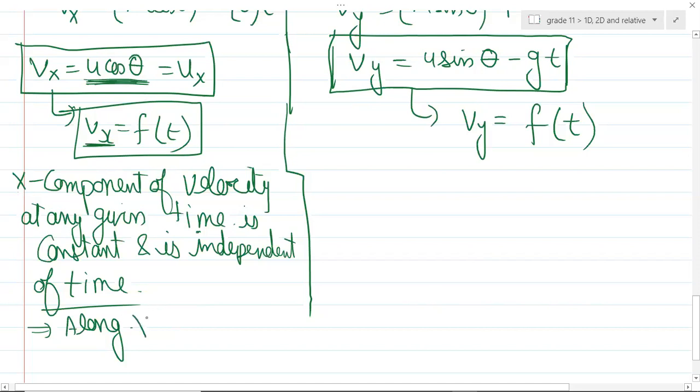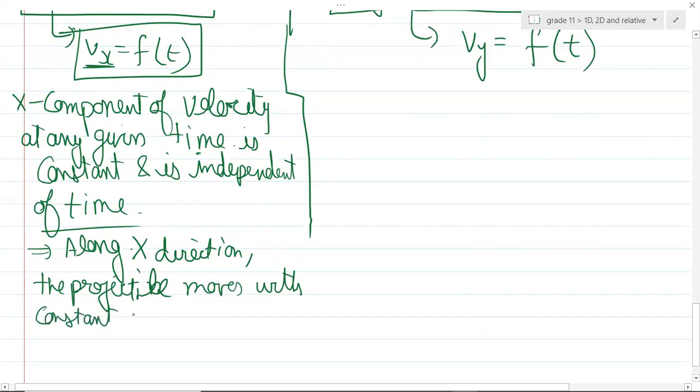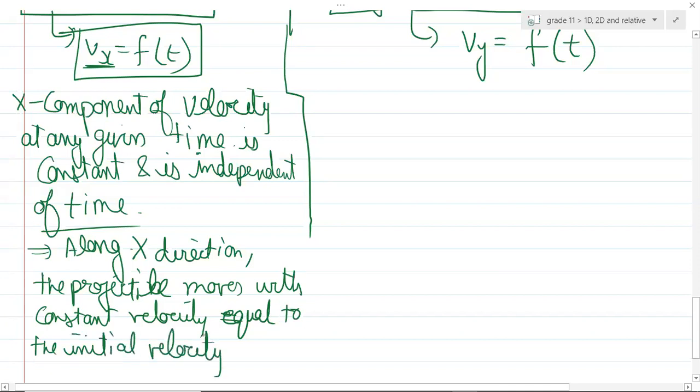So always remember, along the x direction, the projectile will move with constant velocity, which is equal to the initial velocity along x with which it was thrown. Is this clear?